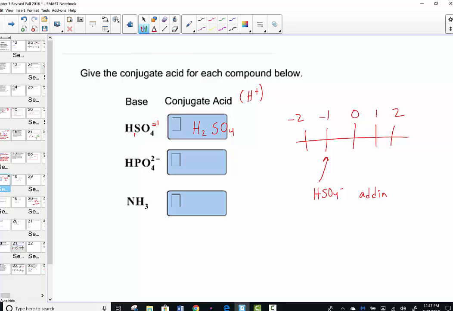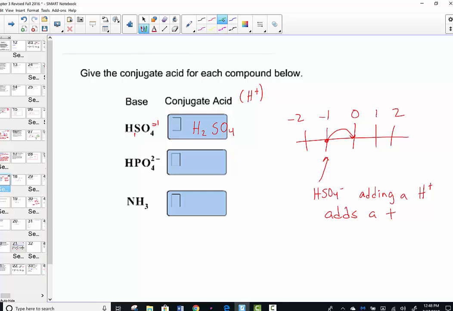Adding a proton makes it become one more positive. So if I'm standing here and I become one more positive, I went to neutral, H2SO4, no charge.